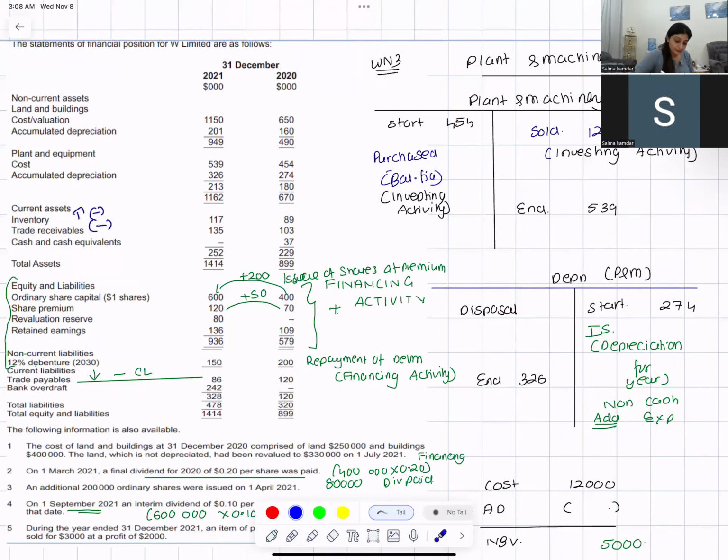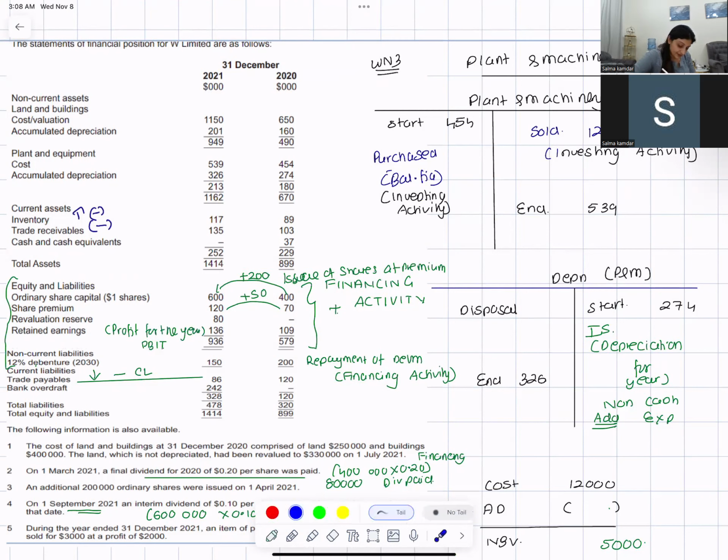Right now, I don't know what it is for. Retained earnings. Retained earnings section always helps us to find the profit for the year. And from the profit for the year, you would reach PBIT, profit before interest and tax.